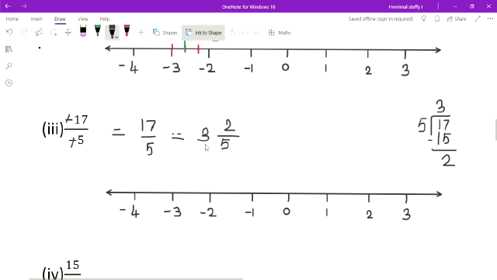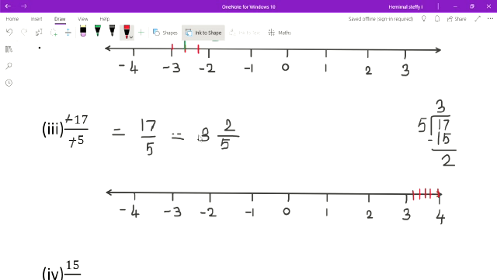So 3, the fraction lies above 3, which means we can take one more line. 4 also we should take. So the rational number lies between 3 and 4. So how many parts can we separate? Yes, the denominator, see the denominator 5. So draw the 5 lines. 1, 2, 3, 4, and then this is also 5.